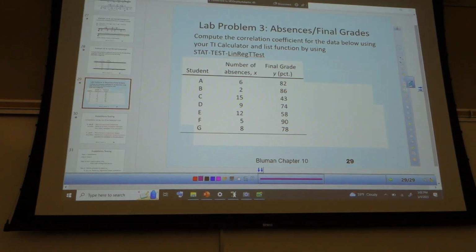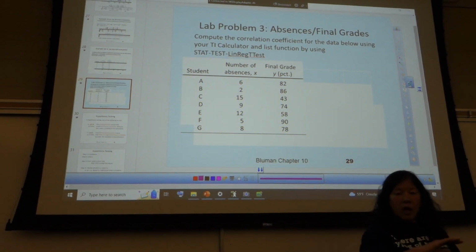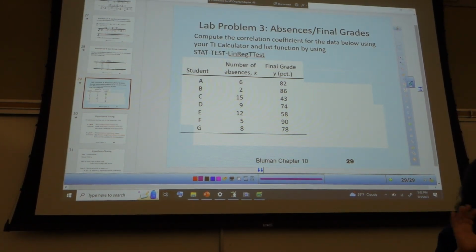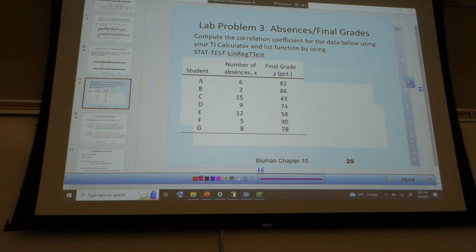So put this into list 1: X is in list 1, Y is in list 2. Do not do all the calculations we did with the sum of X's and sum of Y's. Just do linear regression t-test to find your p-value, your R, your A, and your B. And then while you're there, do stat calc 2-var stats of L1, comma L2 to find your X bar and your Y bar. And when you're done, take a break.